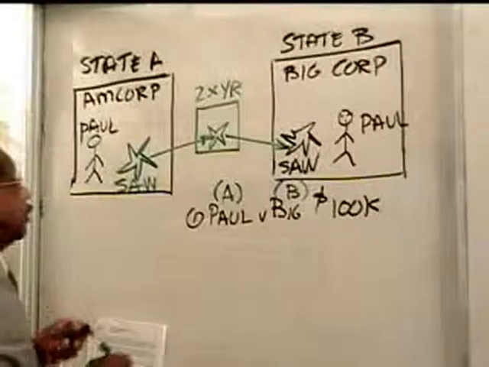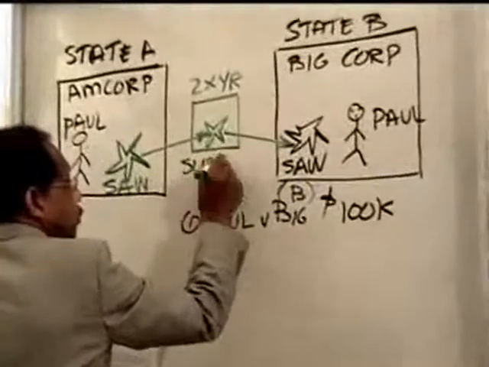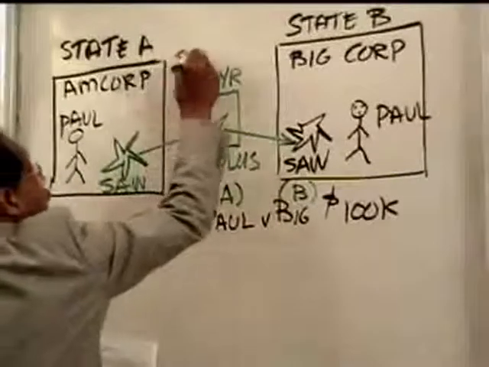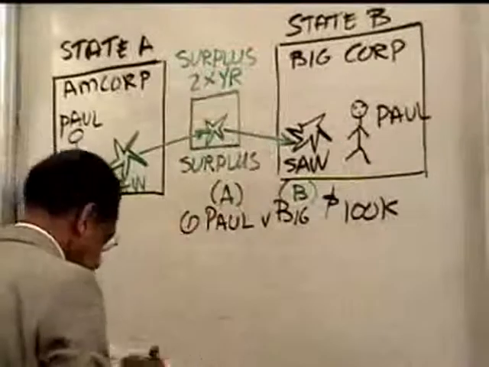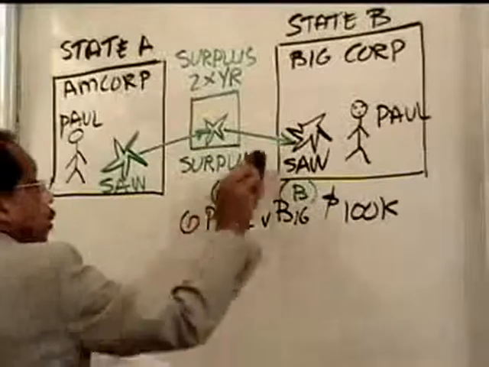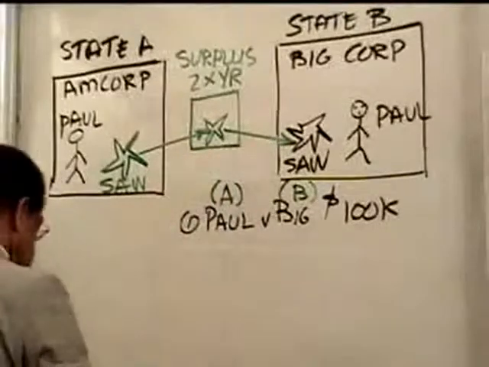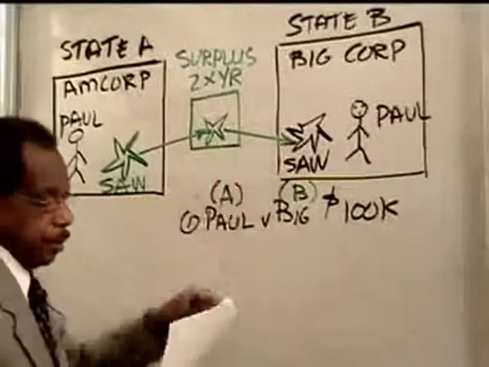And this is the surplus sales. Sales of surplus stuff take place 2 times per year. So that's how the saw ended up here.